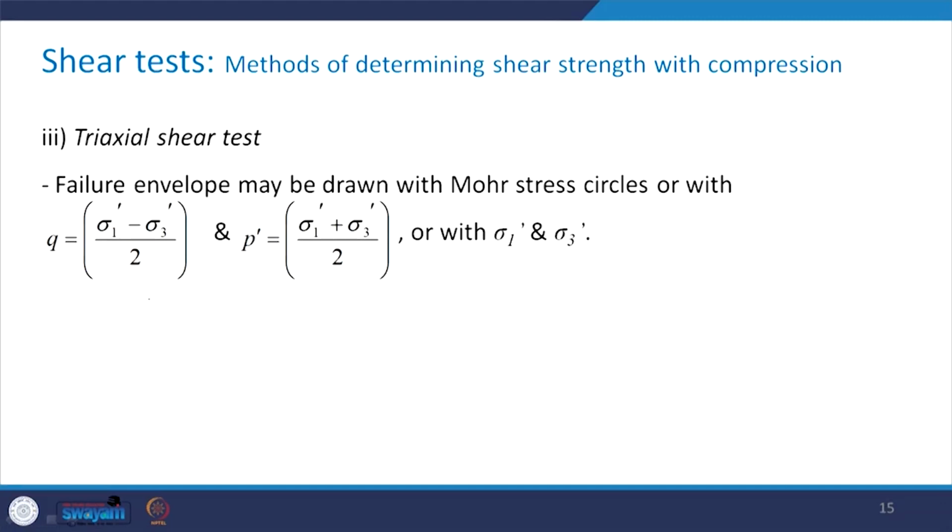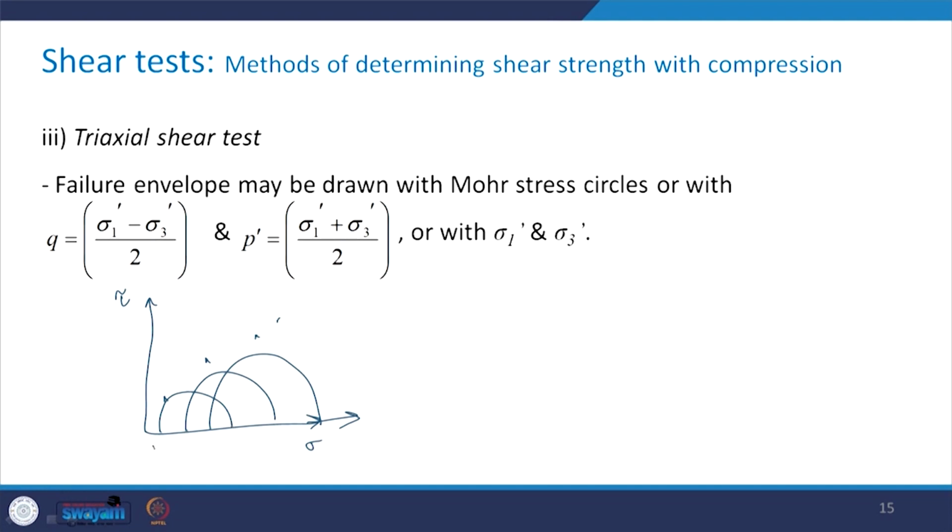You see that you have the tau on the x axis, and here you have your sigma. Then you can have maybe more circles like this for the different confining pressures.